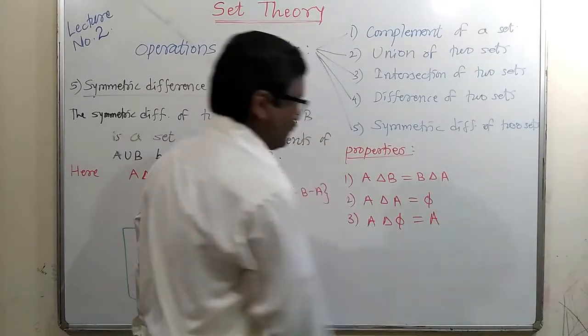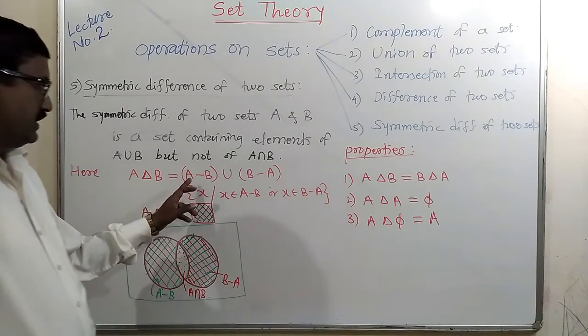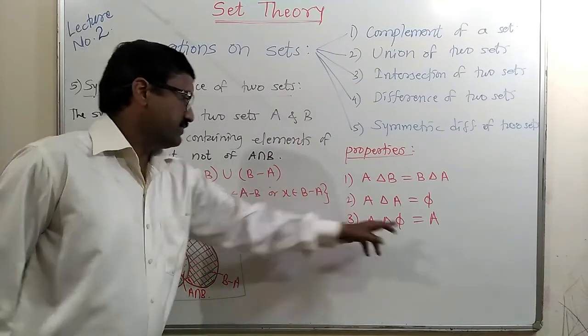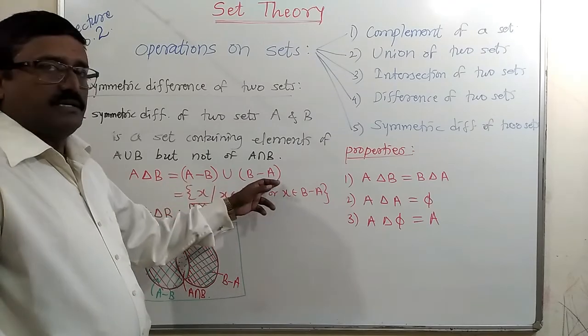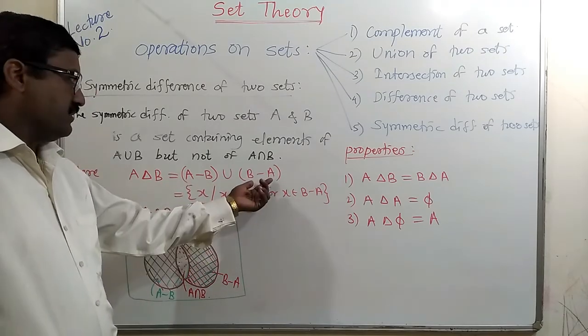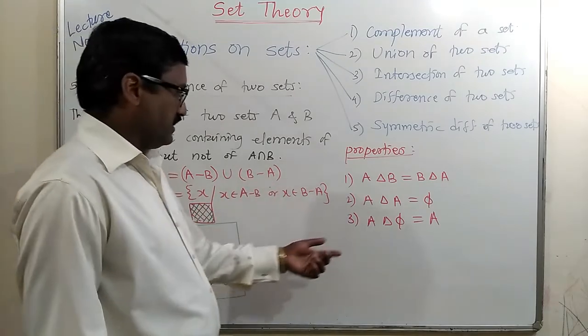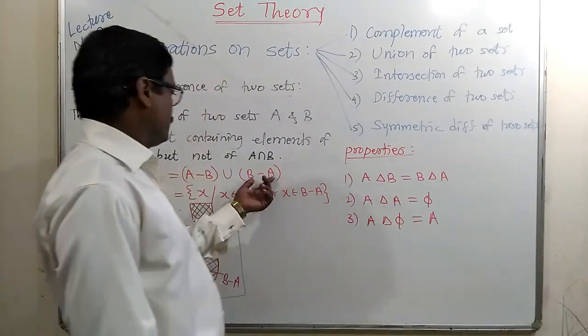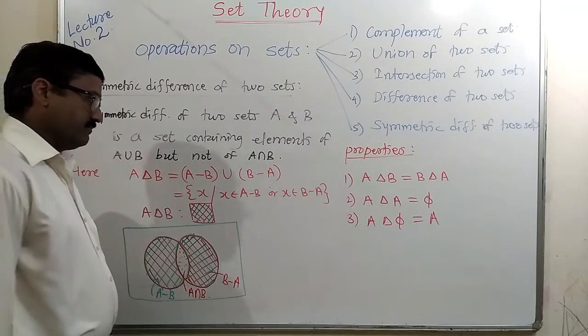It is equivalent to set A, because A difference phi is A and phi difference A is phi, because there is nothing to eliminate from phi. So A union phi will be again A.